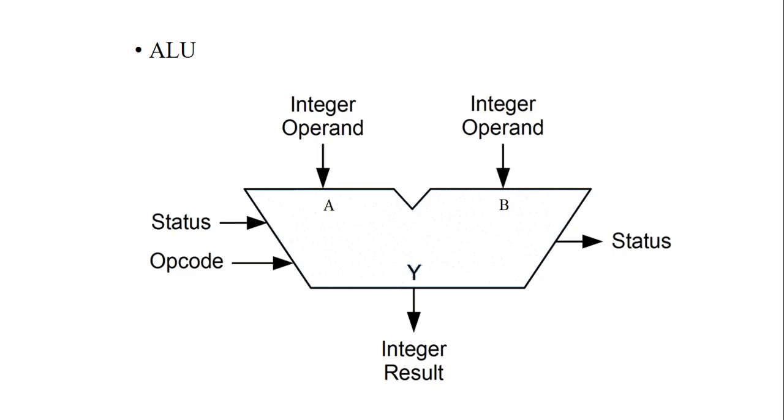Here you can see integer operands A and B. The data which are going to be operated on are called operands, and what type of operation is to be done, like addition or subtraction, is mentioned in the opcode.